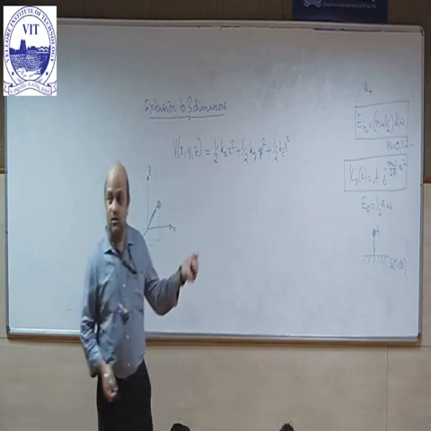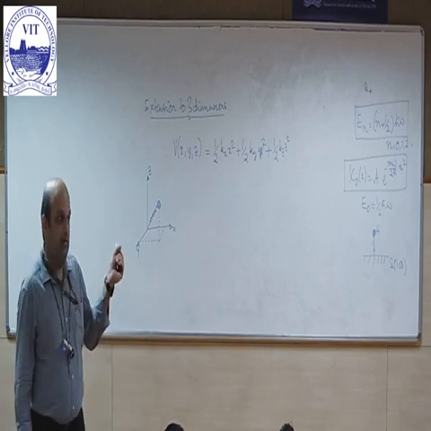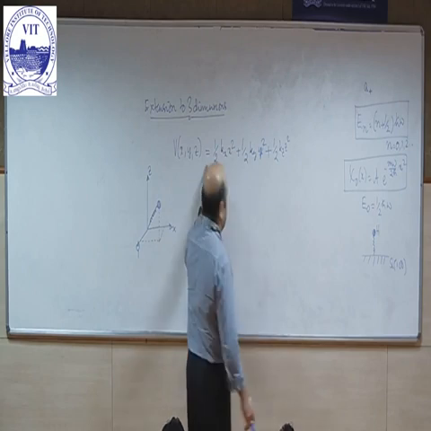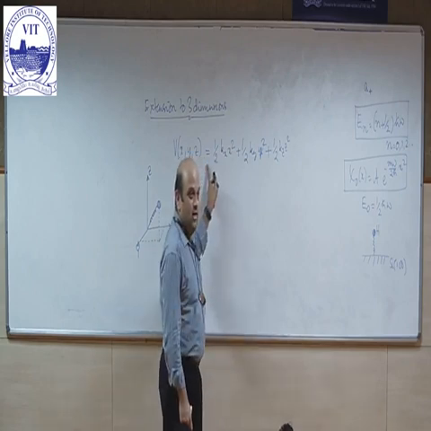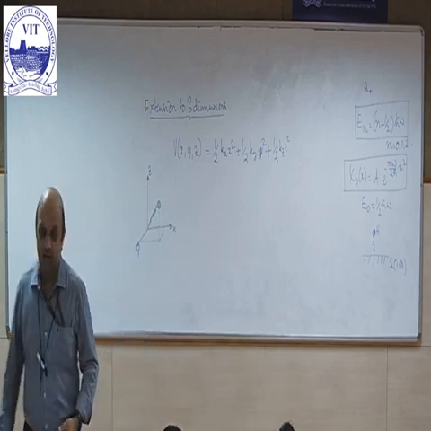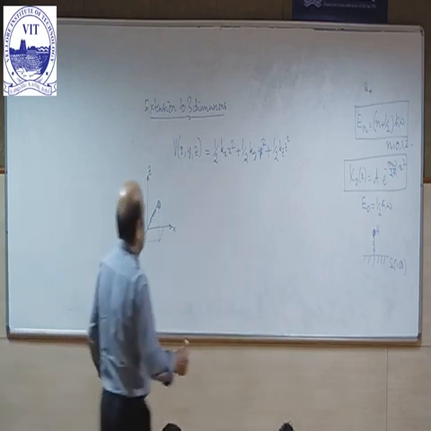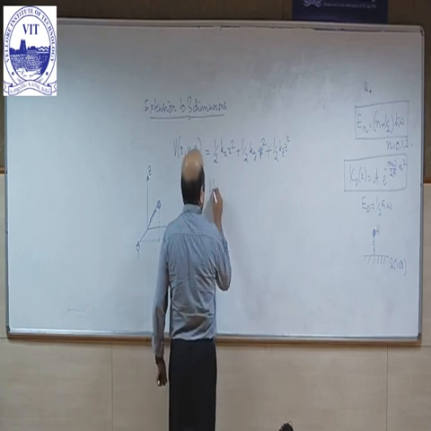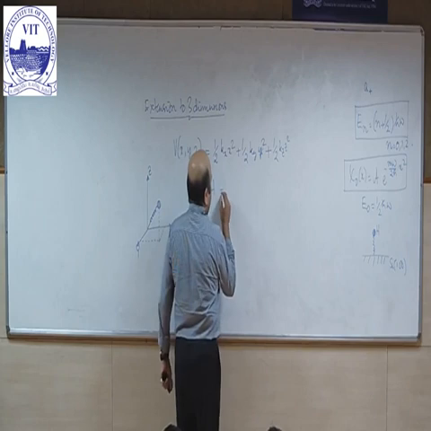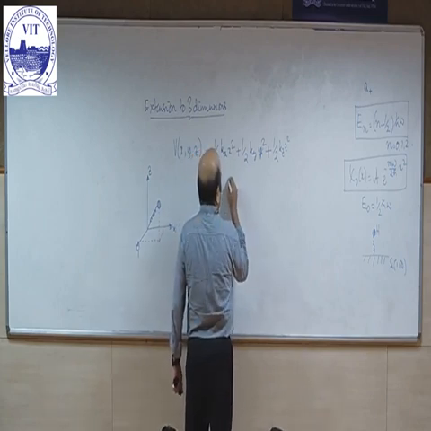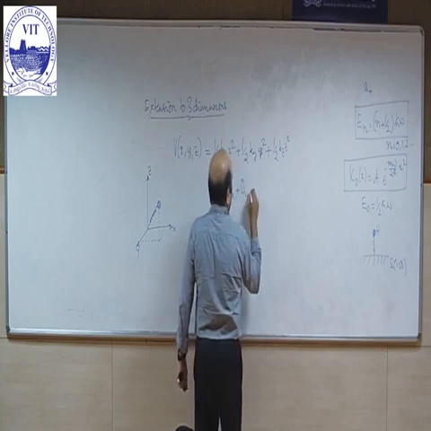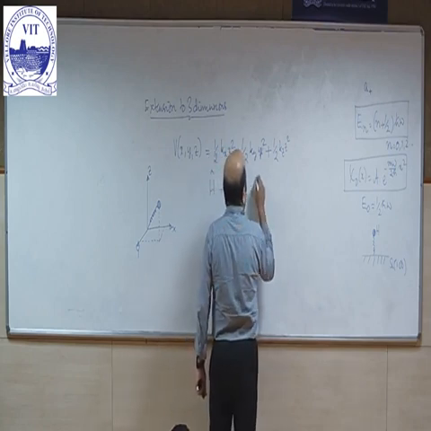If this is my harmonic potential, then I can substitute it in the Schrodinger equation and get the dynamics of the system. You can resolve the total Hamiltonian of the three-dimensional system as H x cap plus H y cap plus H z cap.